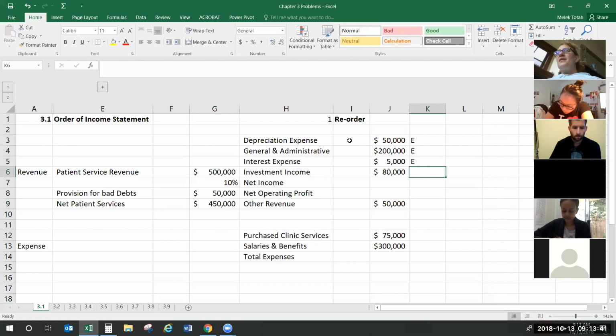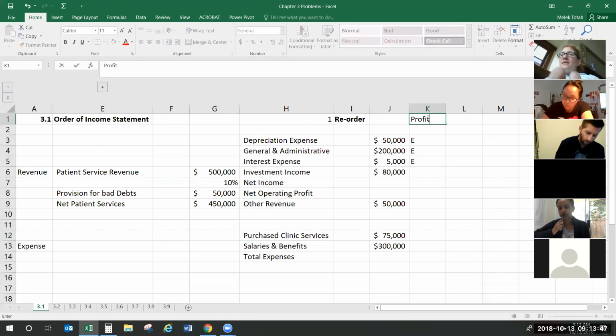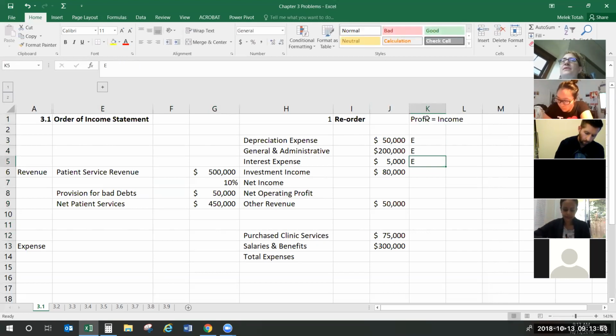And profit and income do get used interchangeably, so that can be confusing sometimes, but just remember profit equals income, right? They're basically synonymous. Okay. So in this case, investment income is really at the bottom of your profit and loss statement. It's down here. So we're just going to call it income.